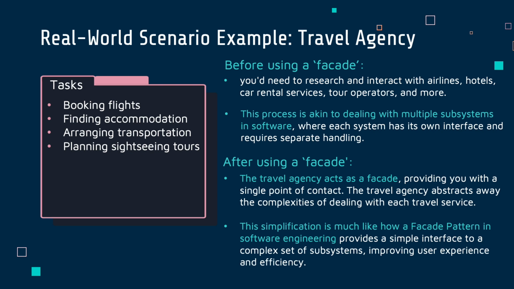You tell the agency where you want to go and what you want to do, and they handle all the detailed arrangements. The travel agency abstracts away the complexity of dealing with each travel service. This simplification is much like how a facade pattern in software engineering provides a simple interface to a complex set of subsystems, improving user experience and efficiency.